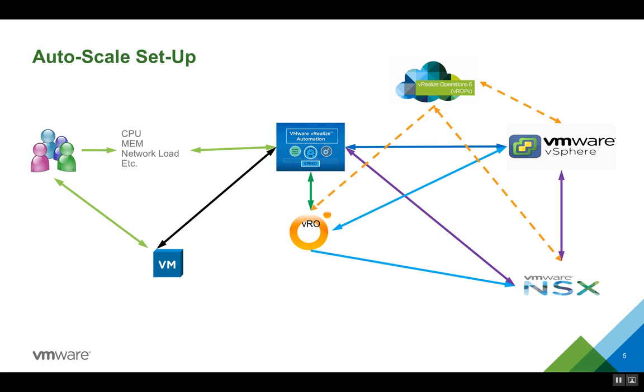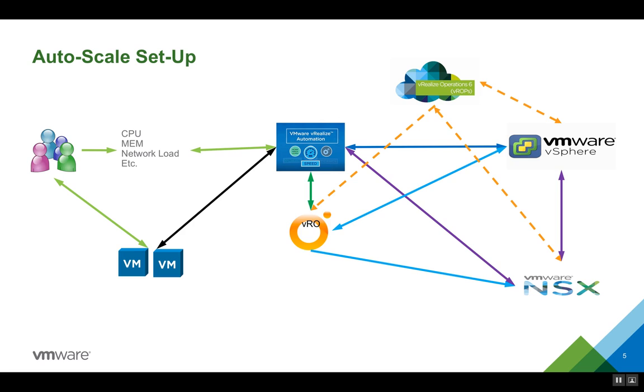So your vRealize Operations Manager will monitor vCenter server and NSX, and it will fire the notifications to VRO, which in turn will work with vRealize Automation Server, and then your workload, say you are scaling up, that will work. That's what a typical auto scale setup is, right? You can just scale up or scale down, so increase the node or decrease or remove a node. It all depends on this particular setup.